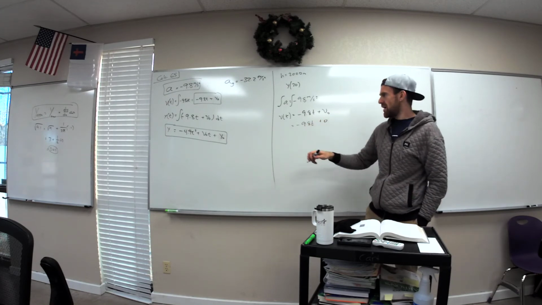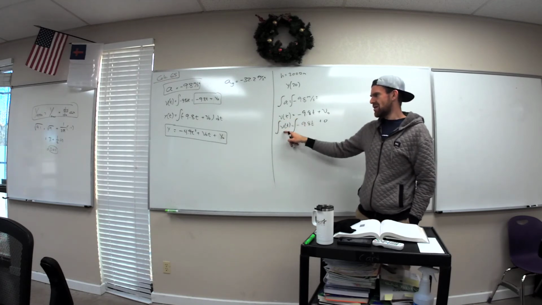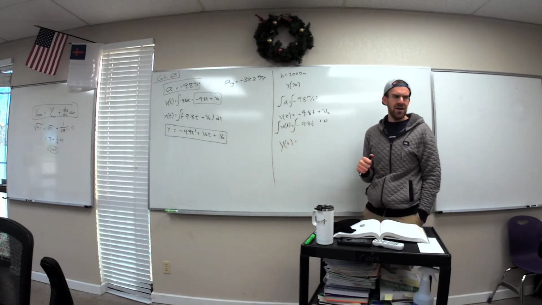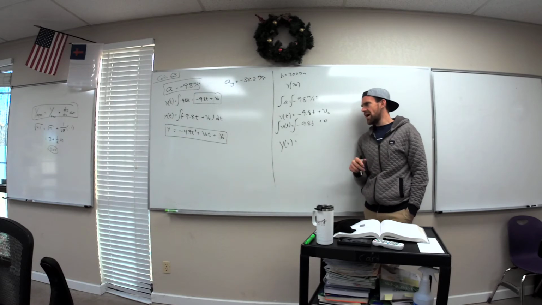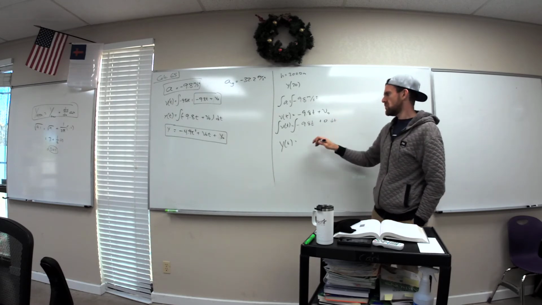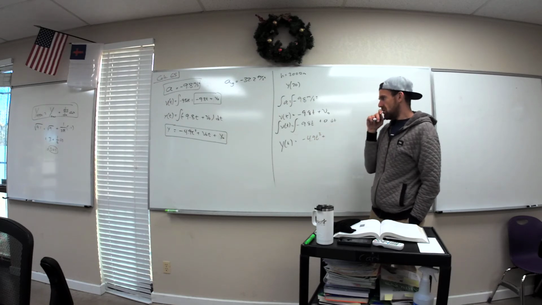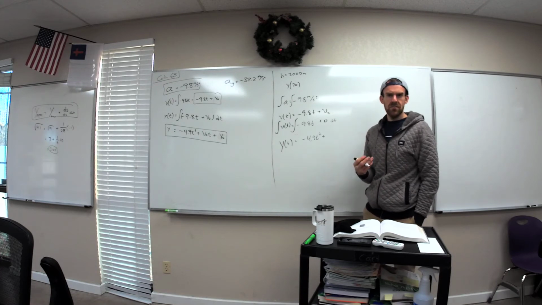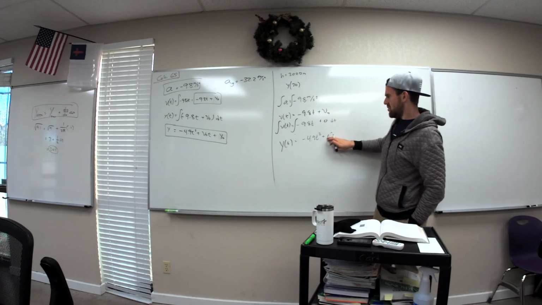How do I find the position? You integrate velocity. What's the integral of negative 9.8 t? We took an integral, so plus c, which is the initial height of 2000.